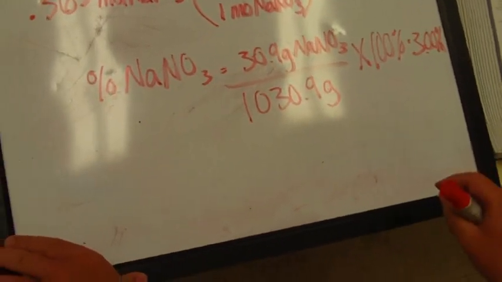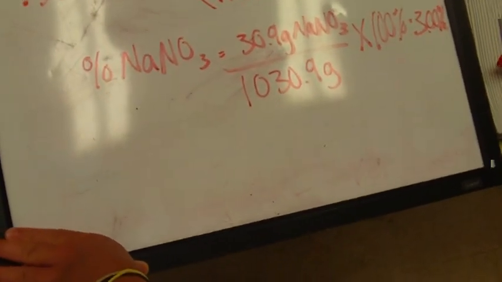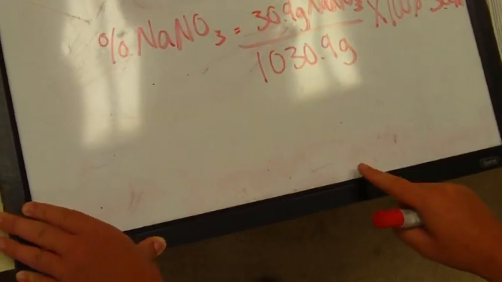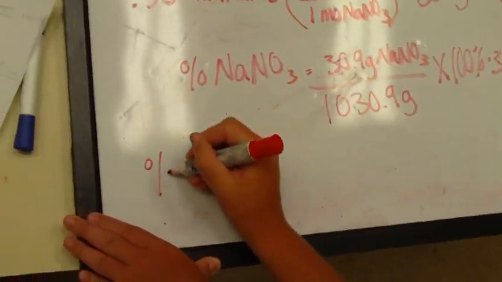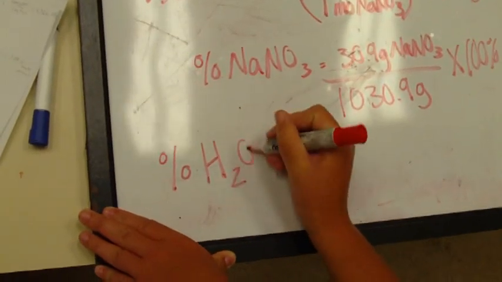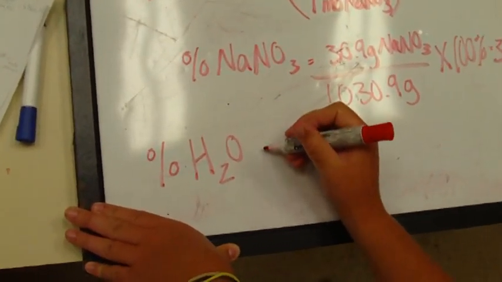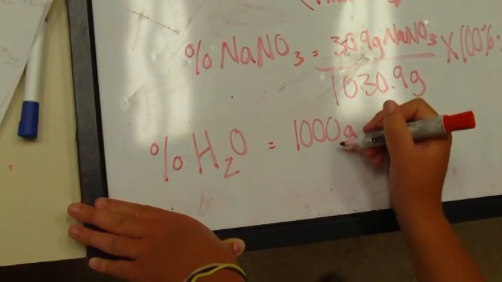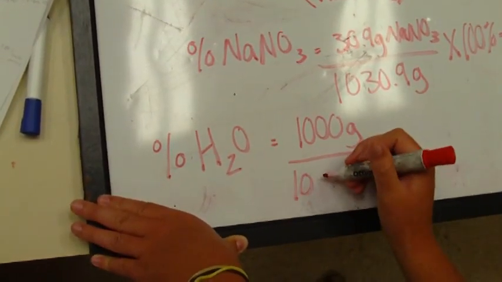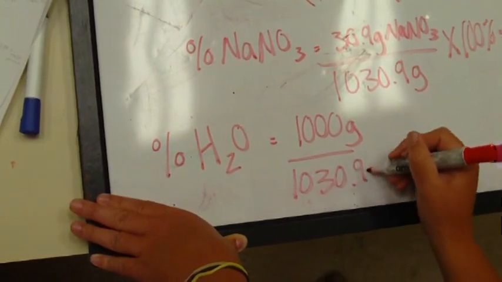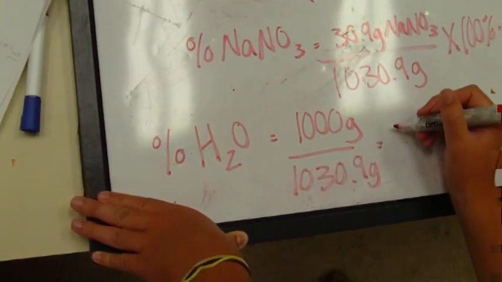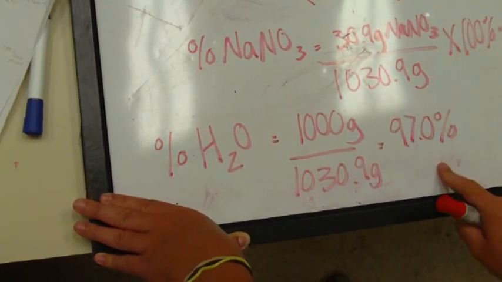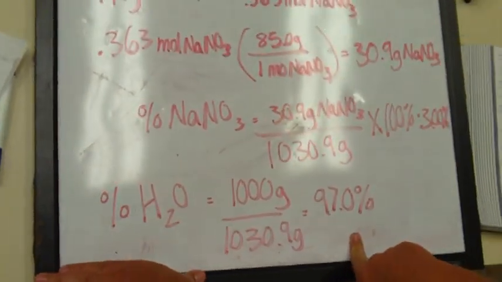Alright, now we want to find the mass percent of the solvent, which is the H2O. So we know that we have 1,000 grams, and the total is 1,030.9 grams, and so for that we get 97.0 mass percent of the solvent.